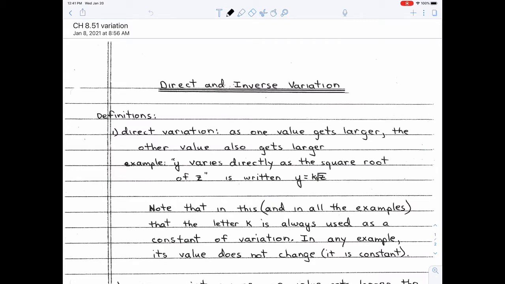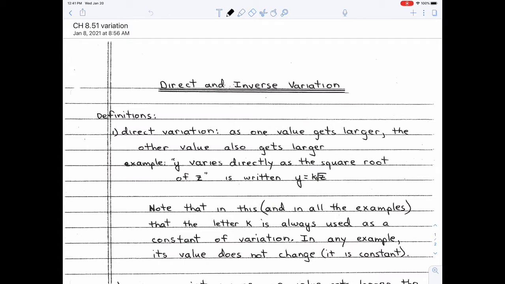Okay, what's the idea? The basic idea is this. Direct variation, as one thing gets larger, the other thing that it's associated with gets larger. And an inverse variation, as one thing gets larger, the thing it's associated with gets smaller. In other words, with the direct variation, the two things basically change in the same direction.